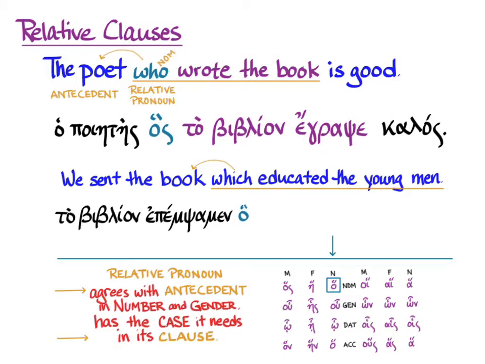So, let's put that into our sentence, ha, and then the rest of the relative clause. And now we have to biblion epempsamen ha tous neanias epaideusen. We sent the book which educated the young men.